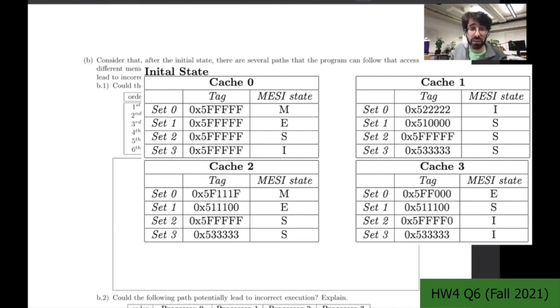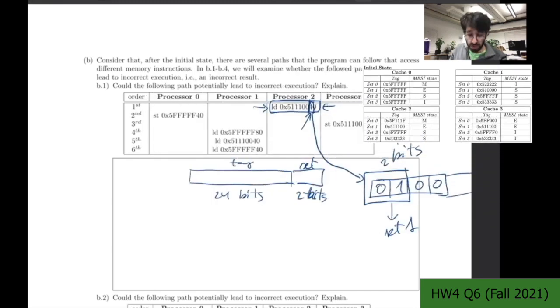And we mentioned before that the initial state could be exclusive or shared. So by reading this data, there is not any problem at all, right? Because it wouldn't change if it's in exclusive or shared state. The data should be the same. So executing this instruction should be okay.